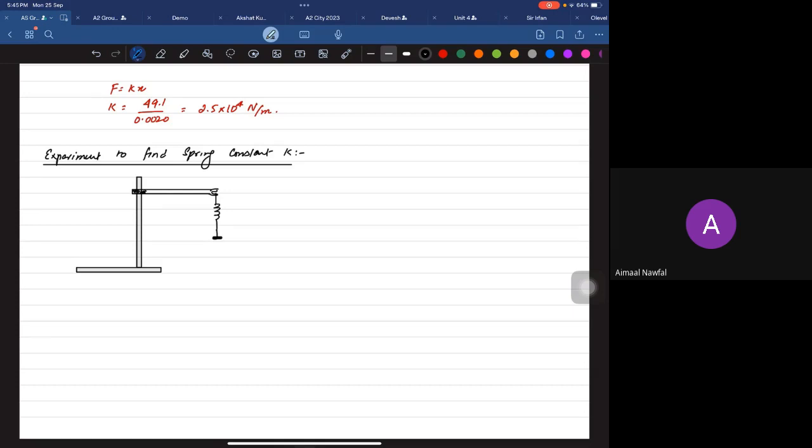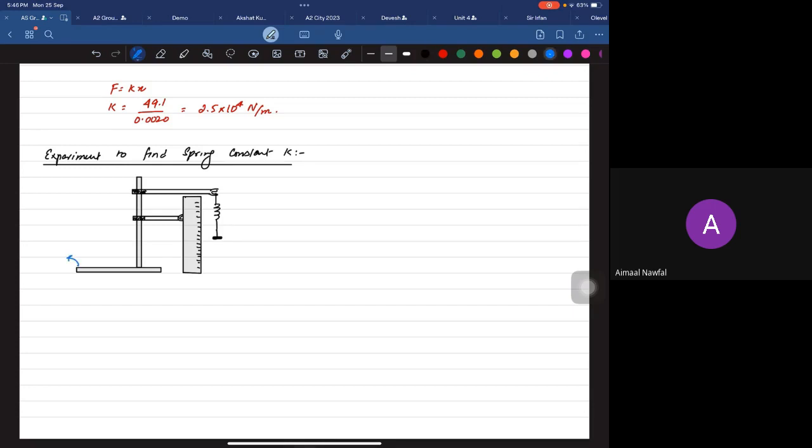Then from another clamp or maybe another stand, doesn't really matter, you're gonna basically clamp up a ruler. Show you a ruler like this. So this way you're gonna put a meter rule like that. All right, so I'm just gonna label this.